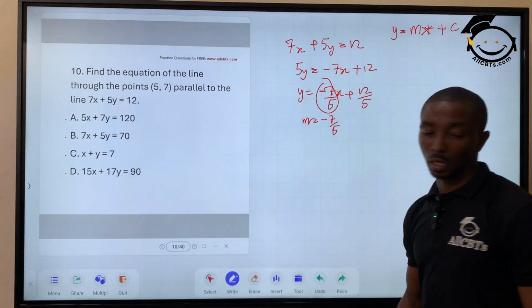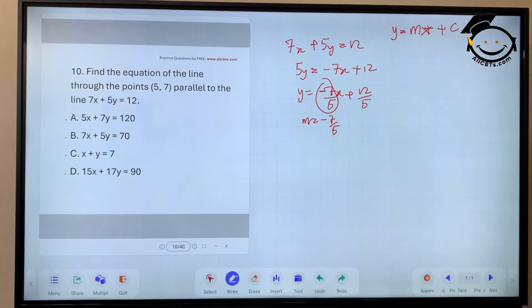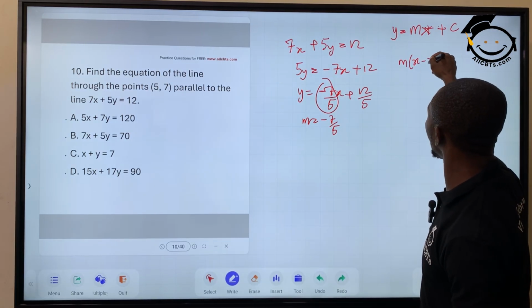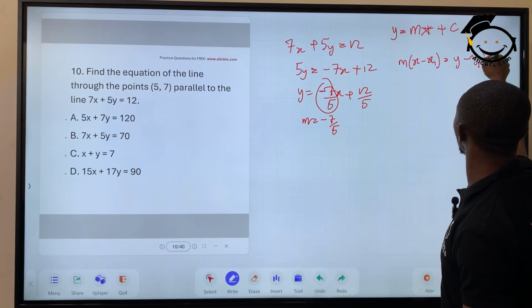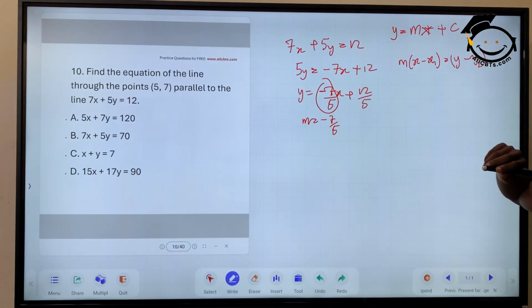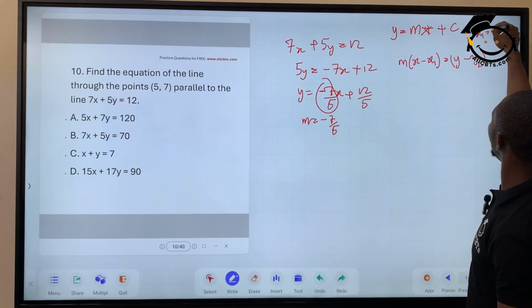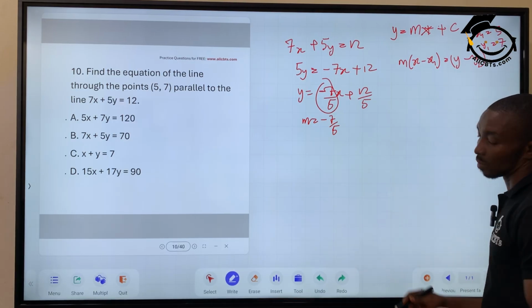Alright, now knowing that our m is minus 7 over 5, we'll come back into the equation where we have m bracket x minus x1 equals y minus y1, where our x1 is 5 and y1 is 7.